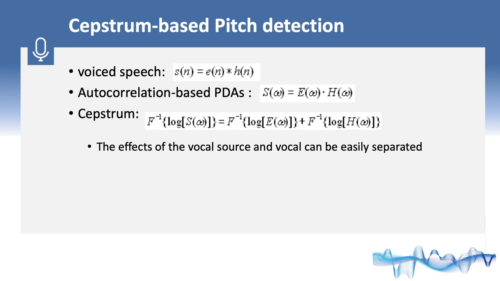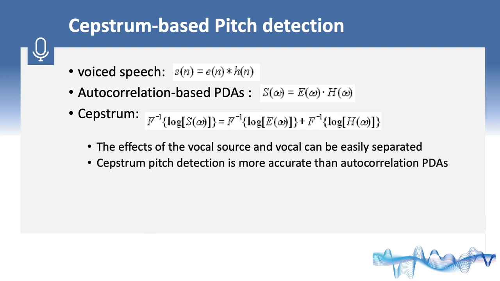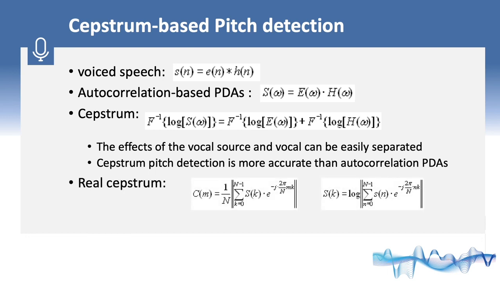It is possible to separate the part of the cepstrum which represents the source signal and find the true pitch period. That is why, in general, cepstrum pitch determination is more accurate than the autocorrelation method. For pitch detection, the real part of the cepstrum is sufficient.